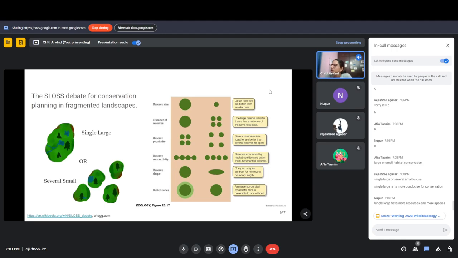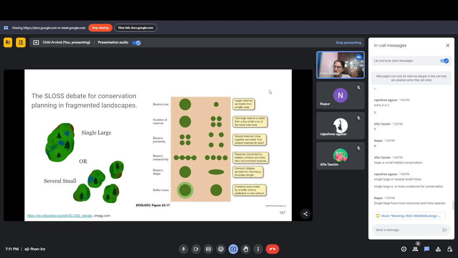So if you have a large fragment size, larger reserves are better than smaller reserves. In terms of number of reserves, one large reserve is better than several smaller reserves. It also helps in management and is much easier. So now, how close should reserves be to each other? Should they be far away from each other or should they be close to each other?